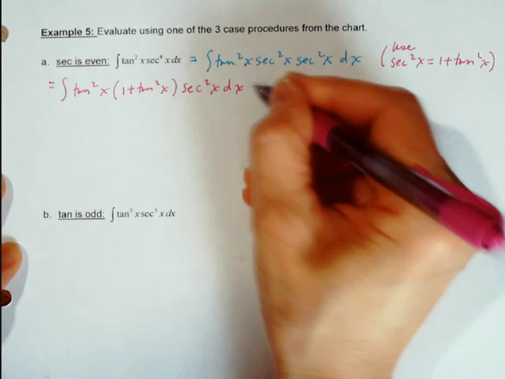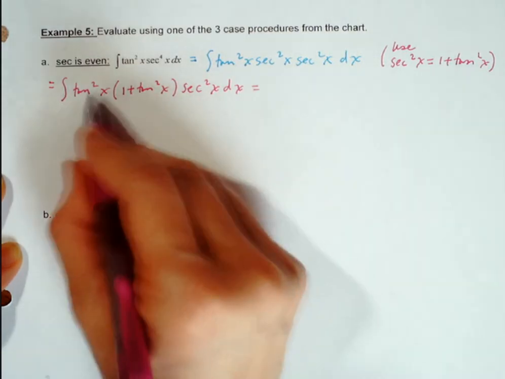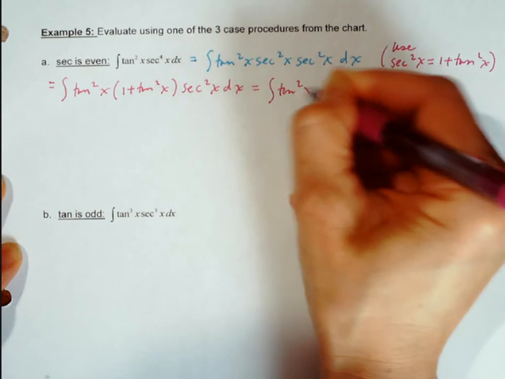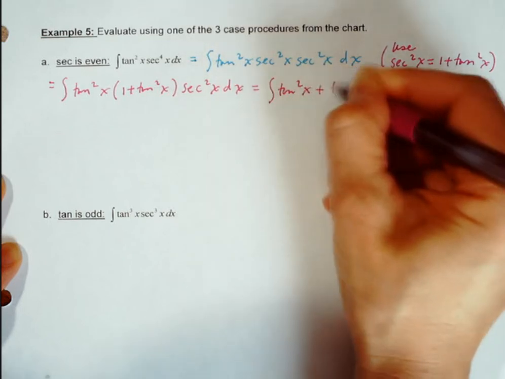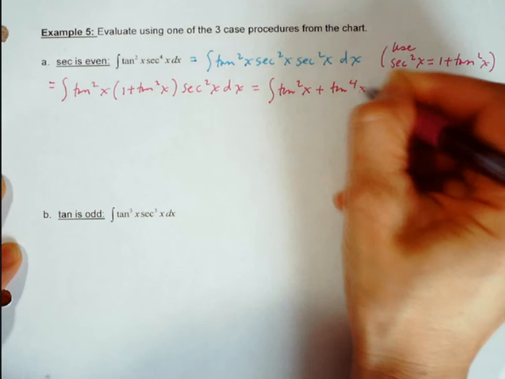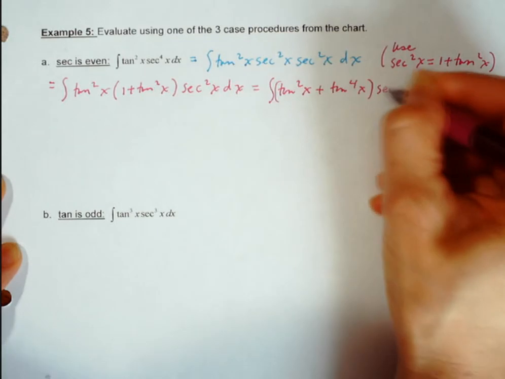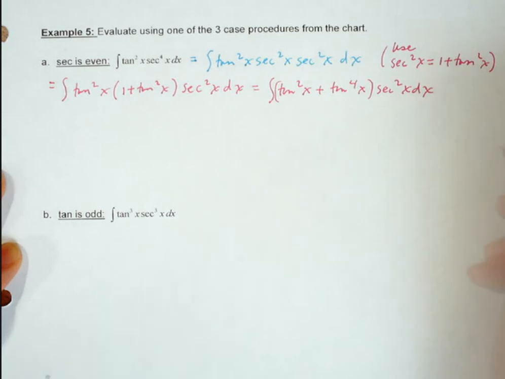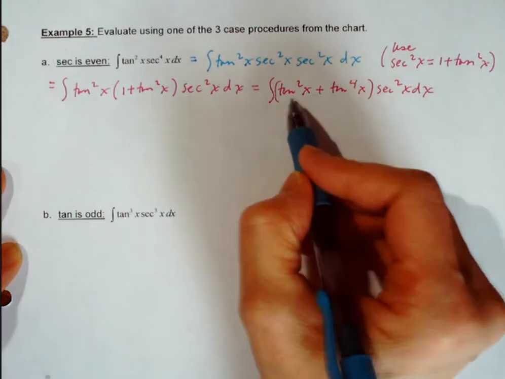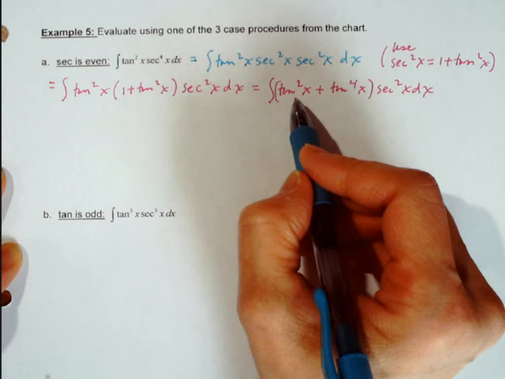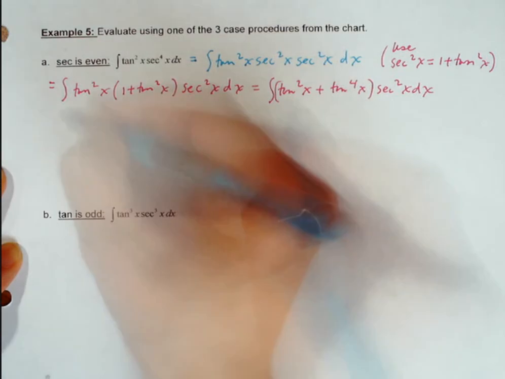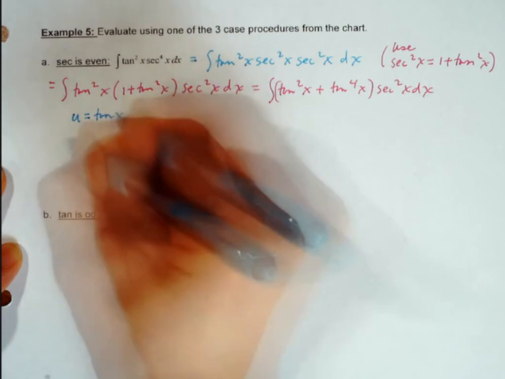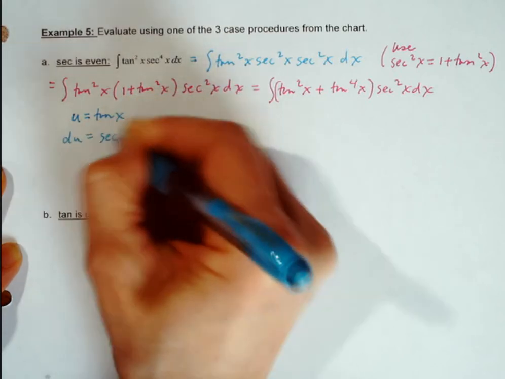Next I'm going to distribute the tangent squared x, so you have the integral of tangent squared x plus tangent to the 4th x times secant squared x dx. Now you're able to do a nice u sub because the derivative of tangent of x is secant squared x. So I'm going to do the u sub of u equaling tangent of x, and so du is equal to secant squared x dx.